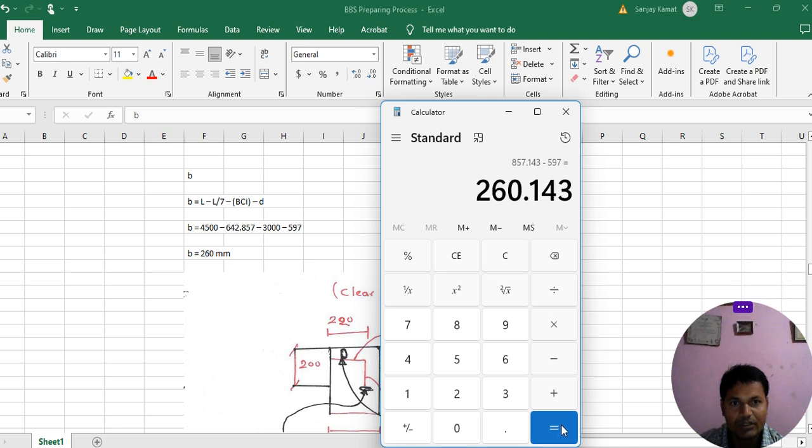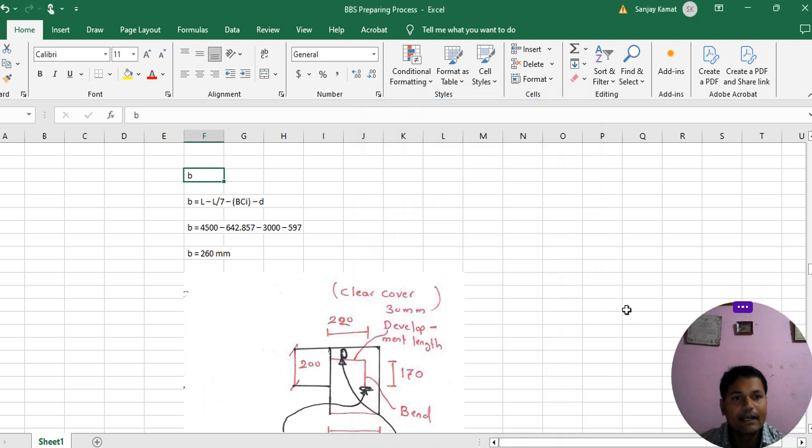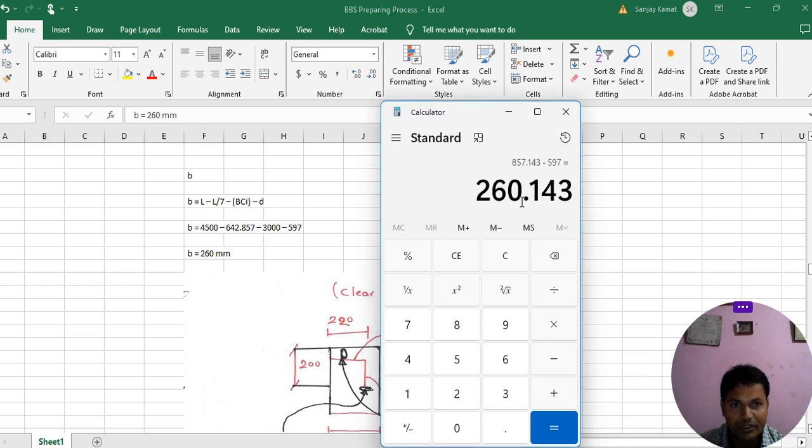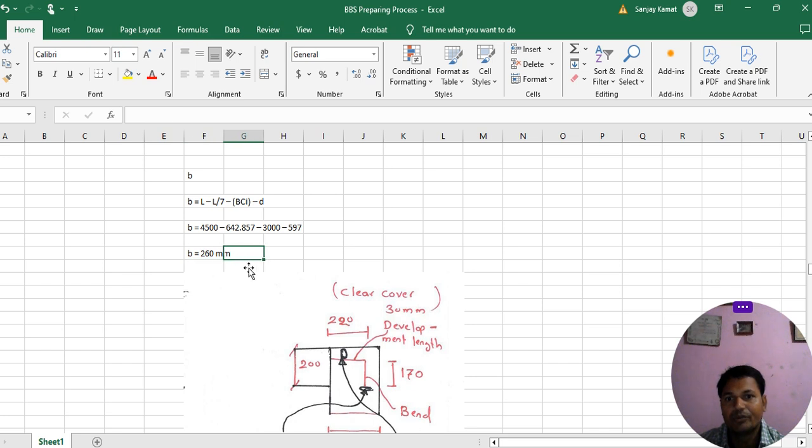If you do, how much is it coming? 260.143. It's coming or not? So 0.143 is coming. Neglect this decimal because it is no longer required. If you round off, it will be approximately this much only. So we have taken 260 mm only. This will be 260 mm.